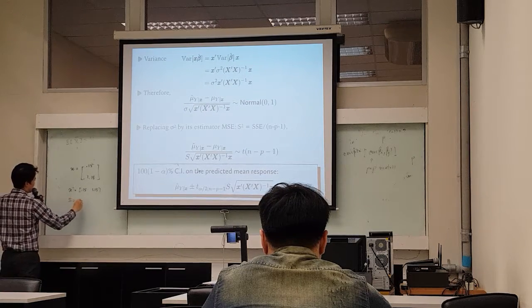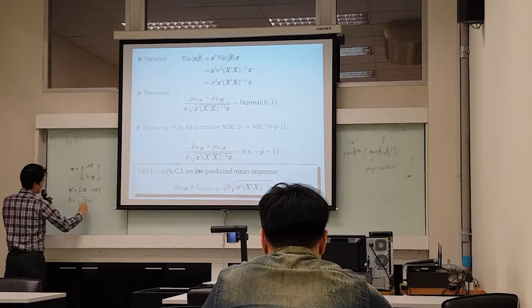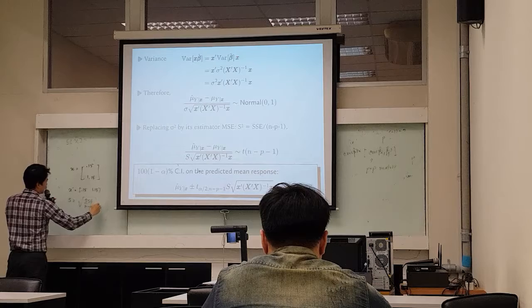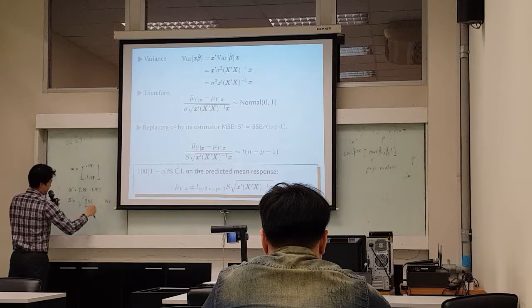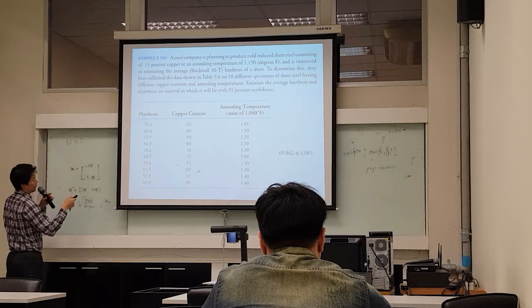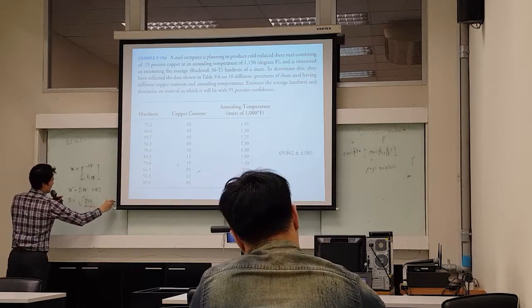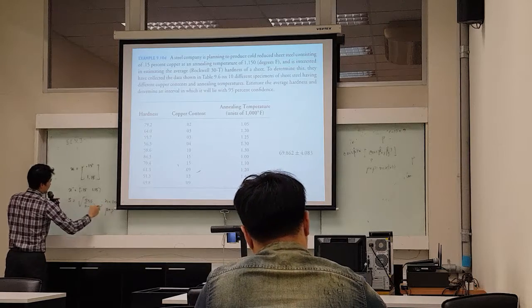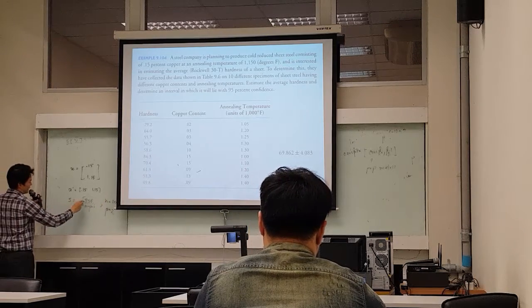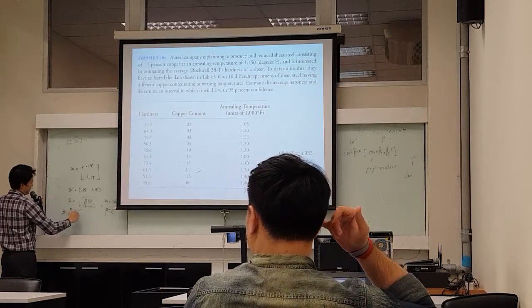This S is the square root of SSE divided by n minus p minus 1, where n is 10 and p is 2. And this SSE is the summation of y minus y hat, squared.